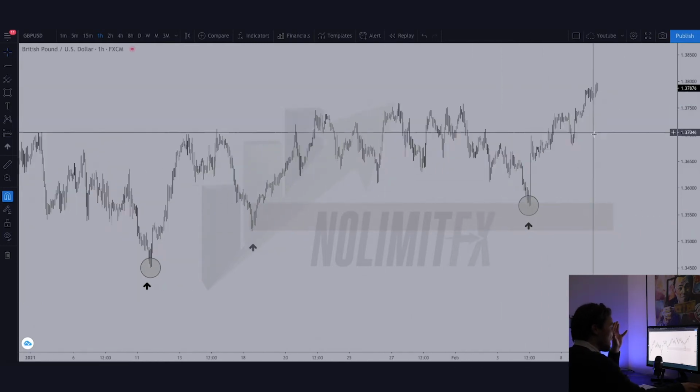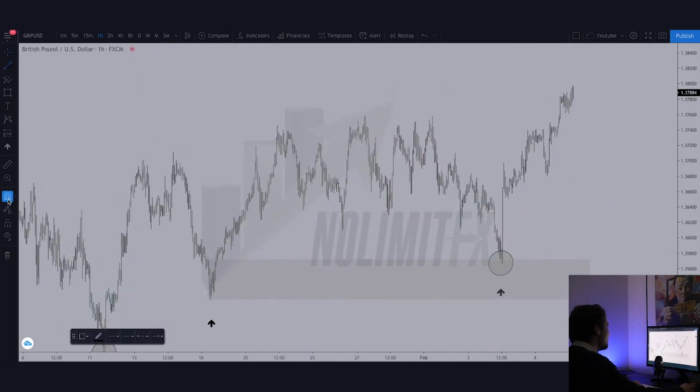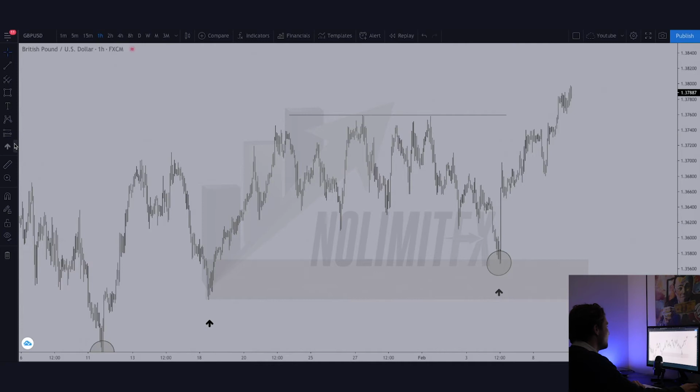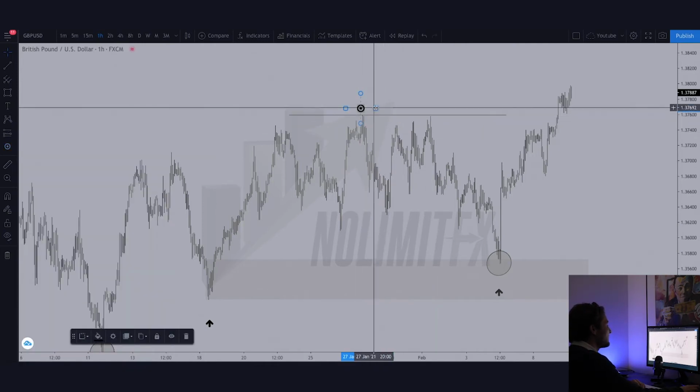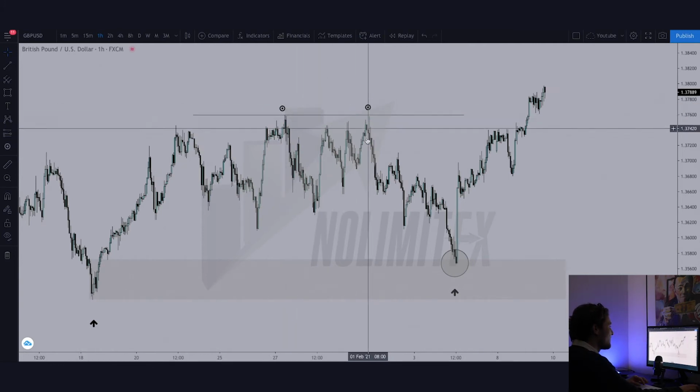And also what you can see, guys, with your clean eyes, look how much liquidity is resting above. Guys, a lot of liquidity. So these highs, we know that it's likely that the big institutions gonna take out these highs. They are relatively equal.